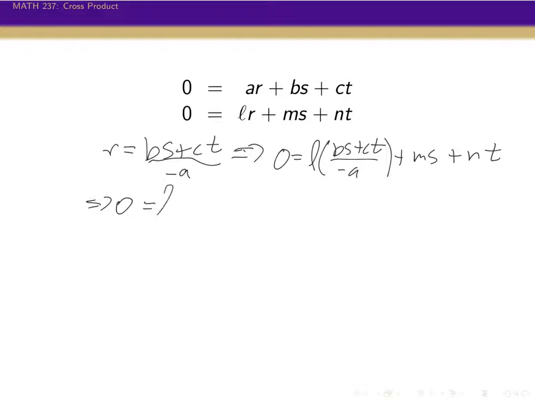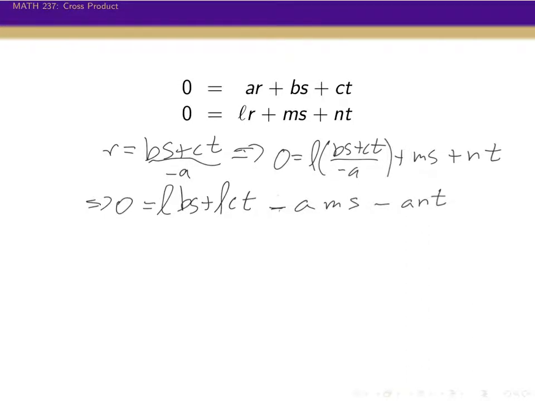I'm going to have L times bs, L times ct, plus a, actually it should be minus ams, minus ant.